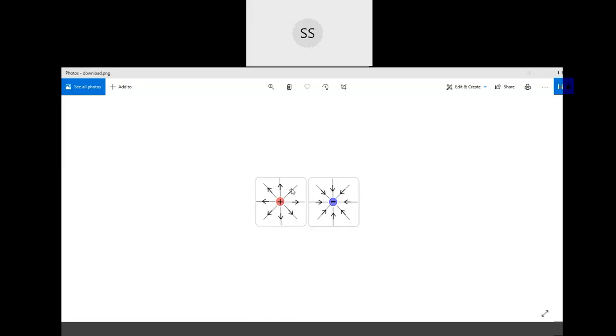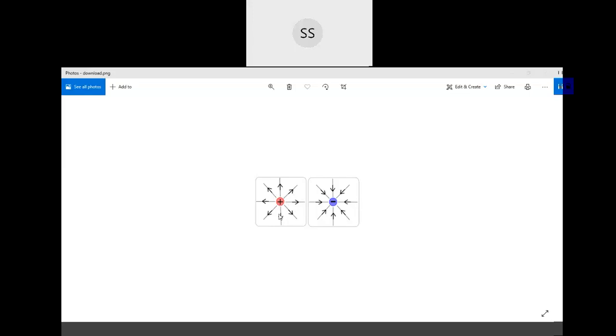The distance between the lines is more as we go away from the source charge. That means in those areas electric field is less, and here we can see the lines are closer to each other. That means in these areas electric field is more.